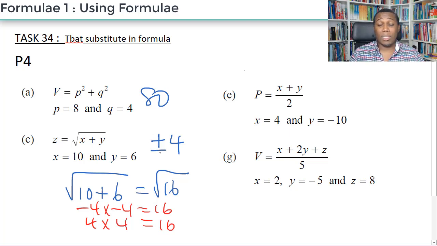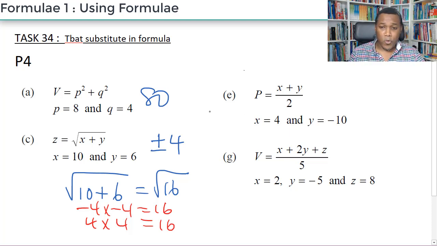Hence the reason for putting that plus minus sign in there, because that symbol indicates that you can use either positive 4 or negative 4. Both of them are valid answers. If you only had one, just make sure you put both of them. I want to say you'll get the mark, but GCSE is changing, and there are questions in a GCSE exam paper which specifically check, do you know that the negative number is an answer as well? So it's something you need to nail.